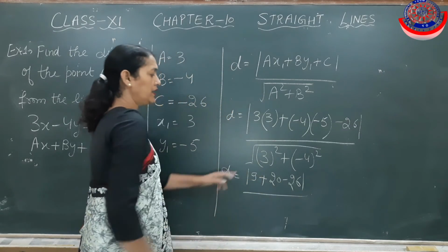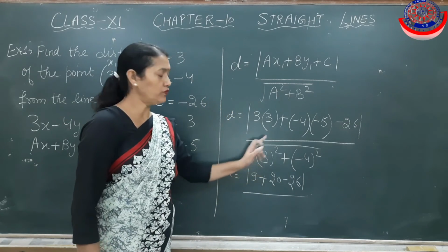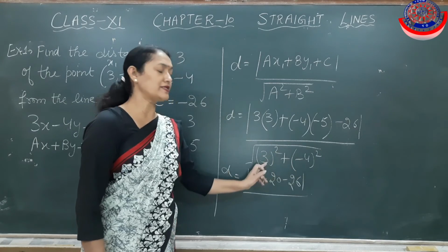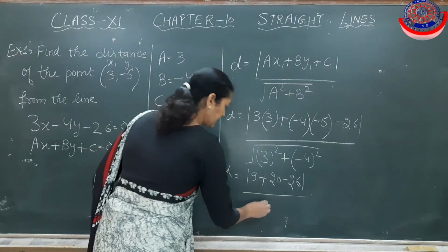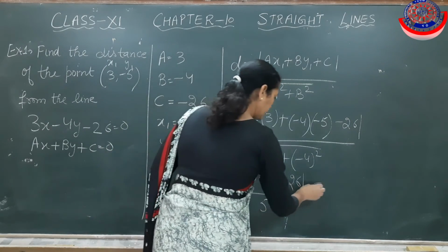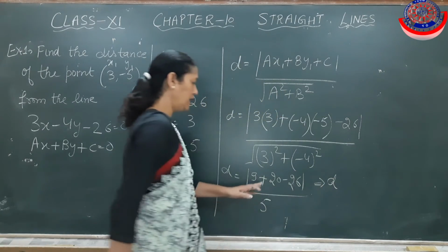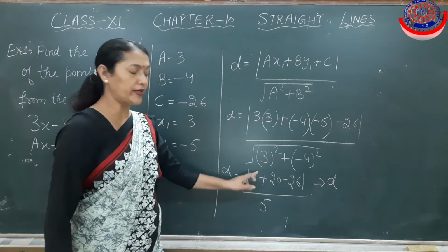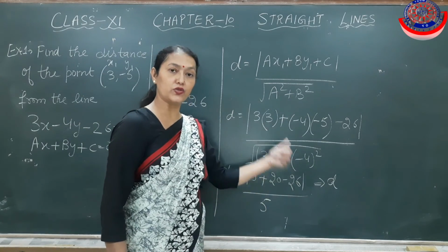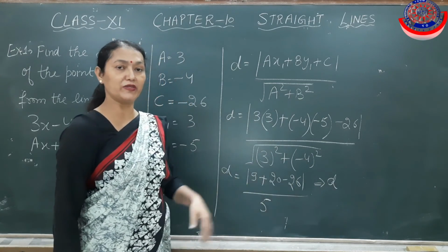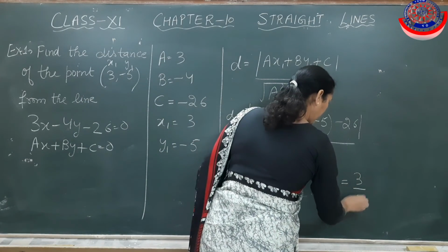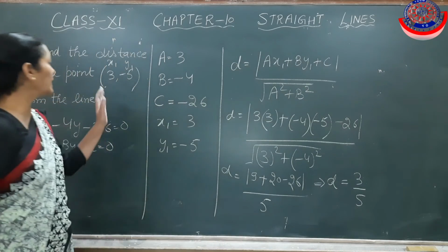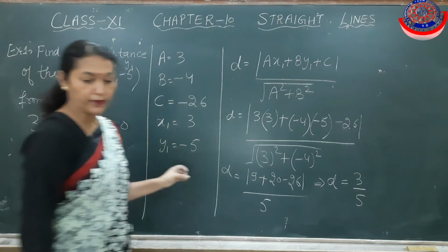And here we have obtained 3 square is 9, 4 square is 16, 9 and 16 gives 25, and root of 25 will give 5. 20 and 9 is 29, 29 minus 26 will give us 3. Mod of positive 3 will be 3 only. So the perpendicular distance of the given point from the line is 3 upon 5.